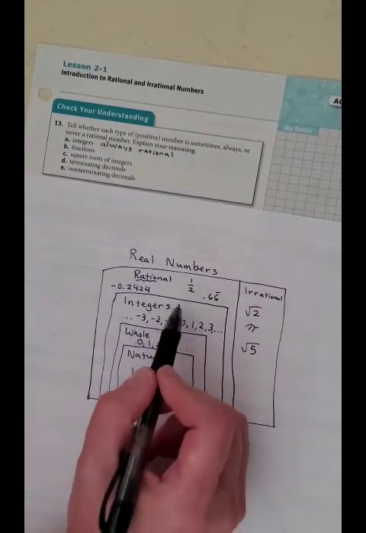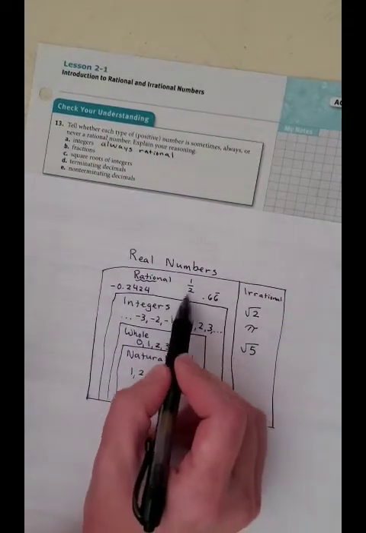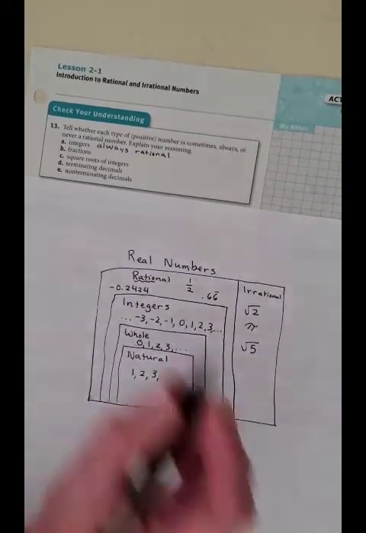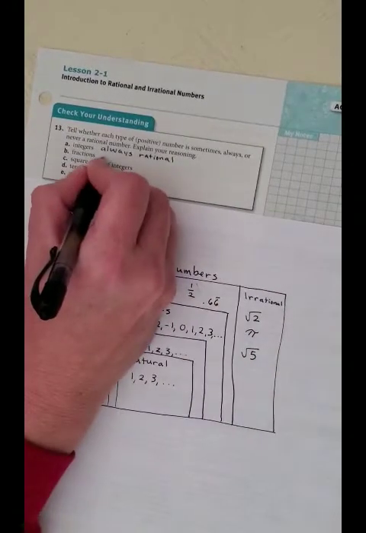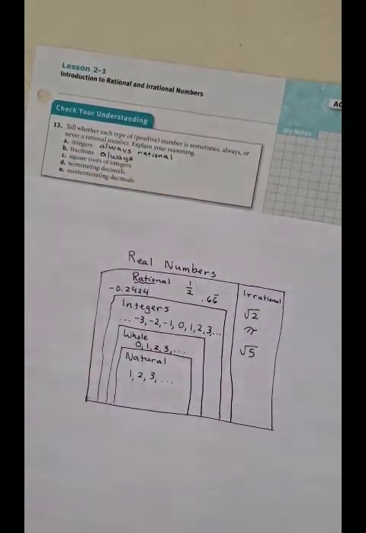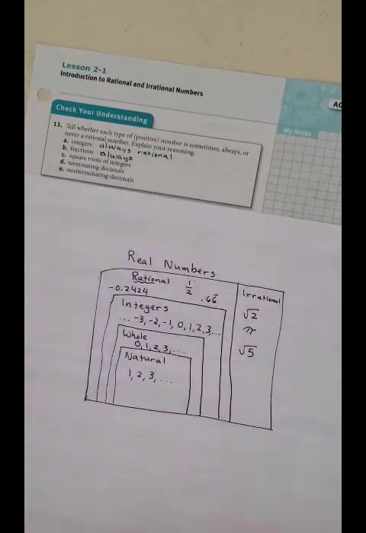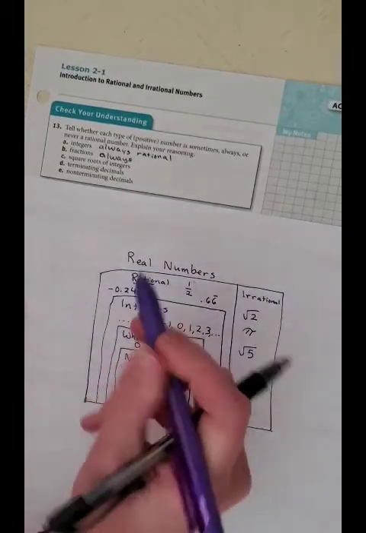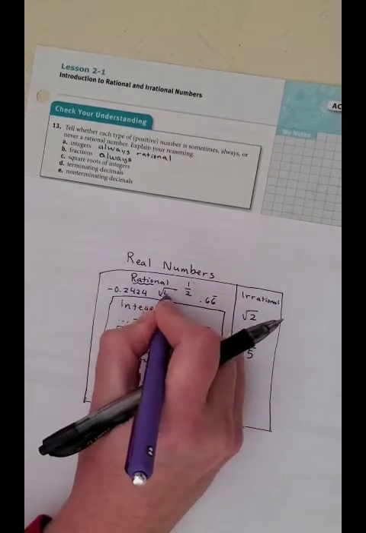Fractions. We saw that fractions are always a ratio of an integer to an integer, so fractions are always rational. Square roots of integers. Well, sometimes. For example, I'm going to add this in here, like the square root of 49.